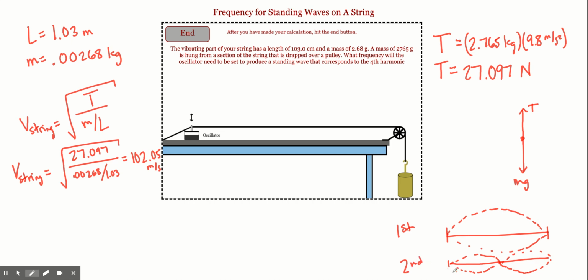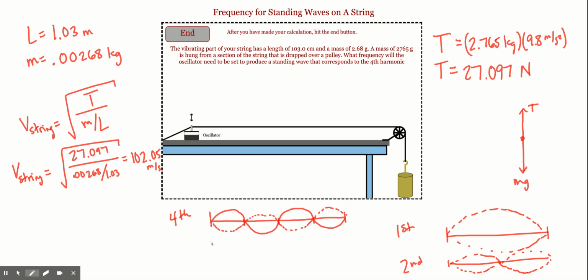So what would the fourth harmonic look like? The fourth harmonic would look something like this, where we divide this up. We're going to have that as our overall fourth harmonic of that standing wave.